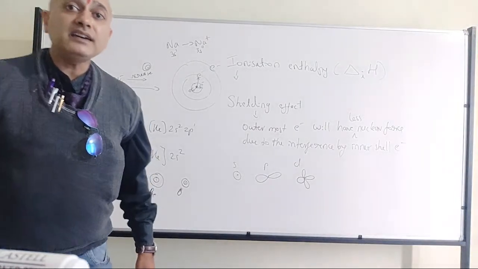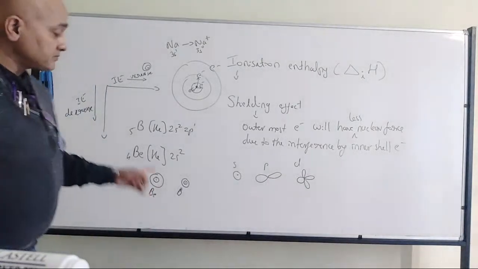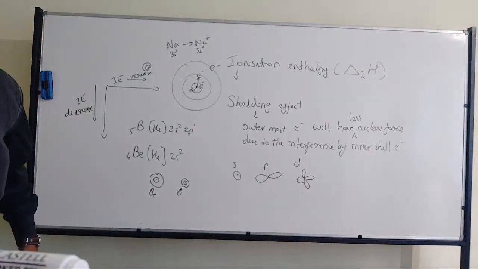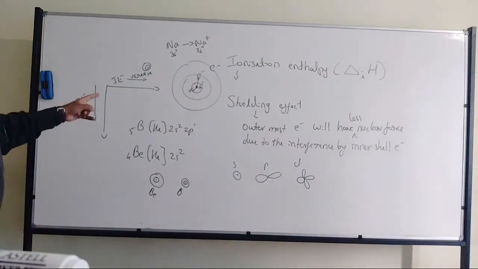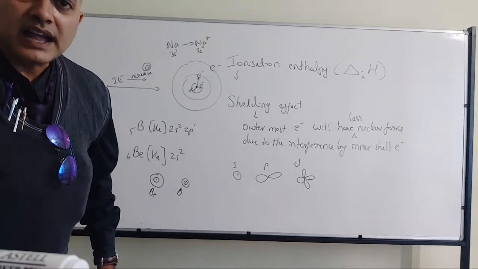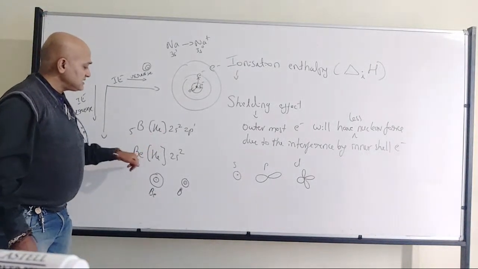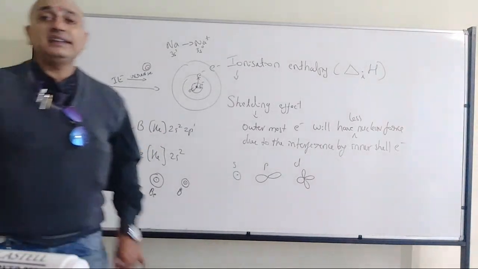Beryllium is an alkaline earth metal. Boron is a p block element. Still, the ionization energy for boron is less compared to beryllium. Or what I can tell here is, we can remove the electron from boron easily compared to beryllium.